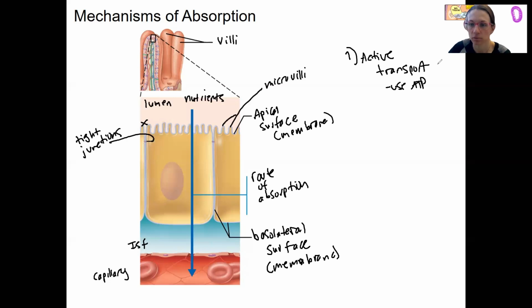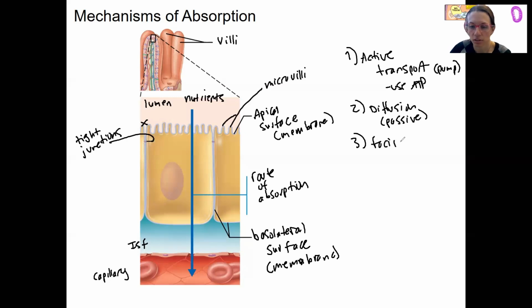It's a pump. ATP pumps. Diffusion. Diffusion by nature is passive. And it can only occur for hydrophobic substances. Right? That's going down an electrochemical gradient as well.